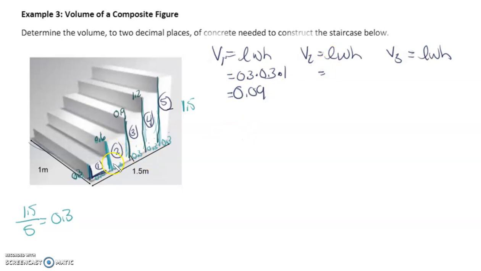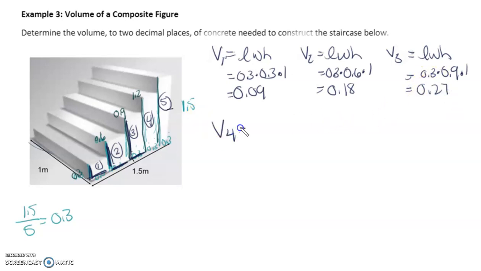Now the volume of number 2, we have 0.3 times 0.6 times 1, which is 0.18. Okay, number 3, 0.3 times 0.9 times 1, which is 0.27.